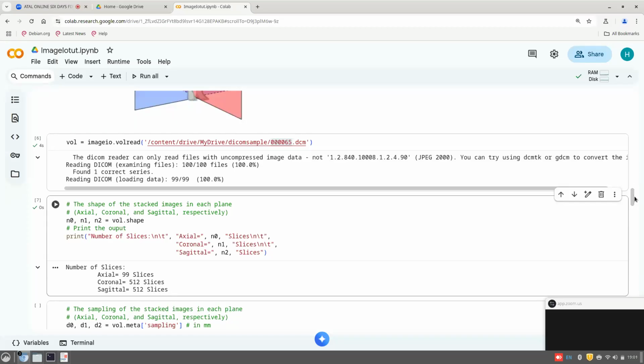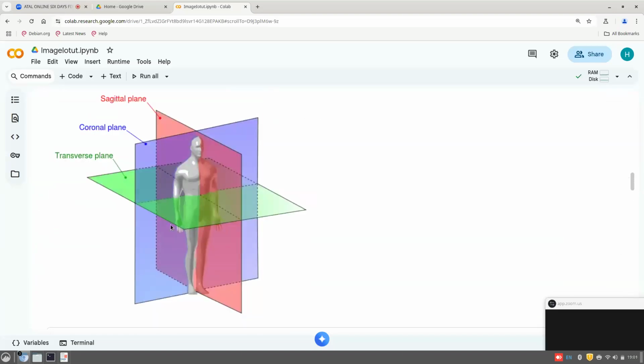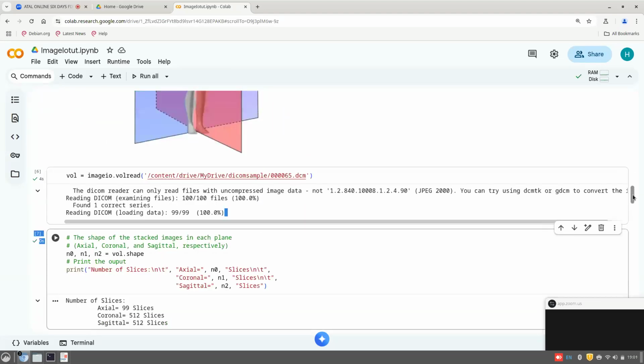This means that this CT scan image of the human body is cut 99 times along the transverse plane, and along the coronal or sagittal plane it is cut 512 times to get 512 different images.